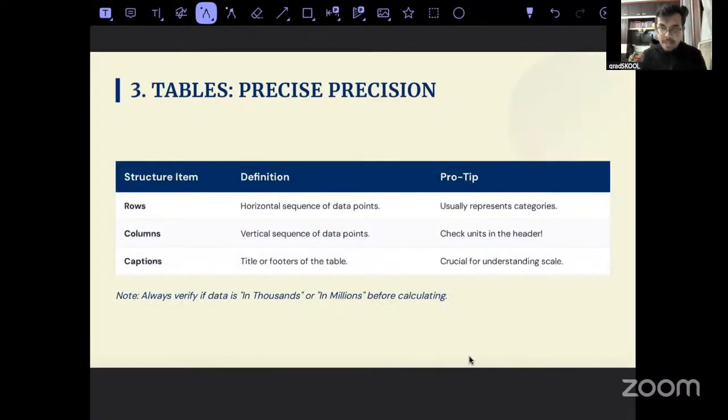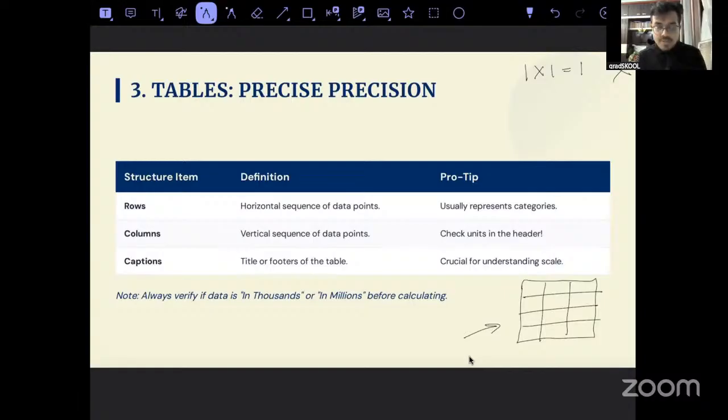So what is a table? I'm not talking about the tables like 1 into 1 equals 1. Not these tables. Okay. I'm talking about tables where we have columns, rows, etc. Something of this sort. This is a table, right? So I'm talking about these things. What are rows?